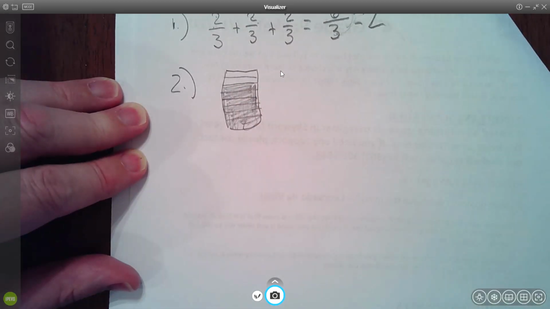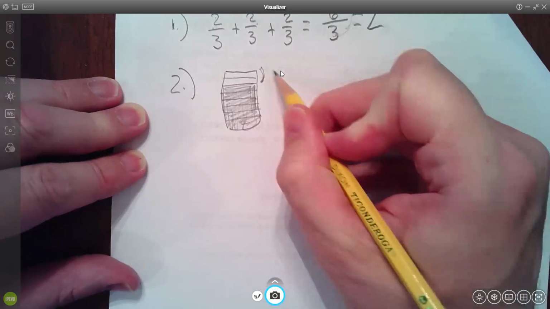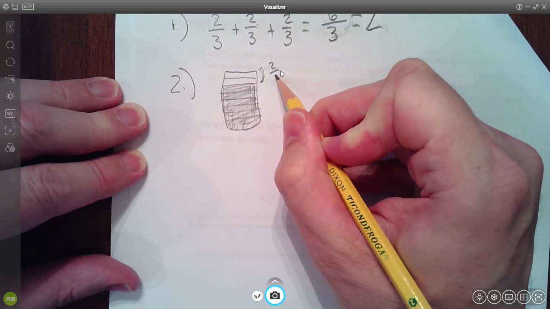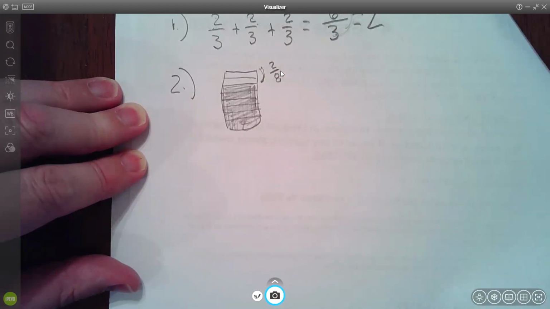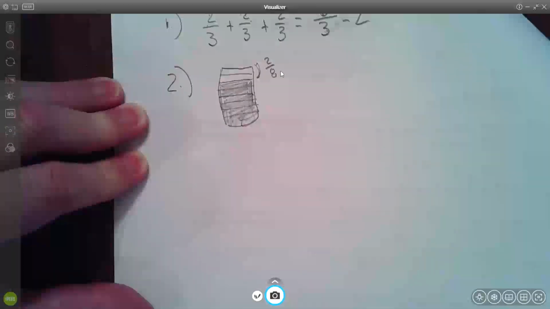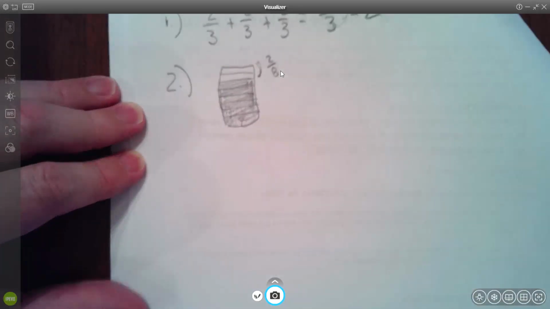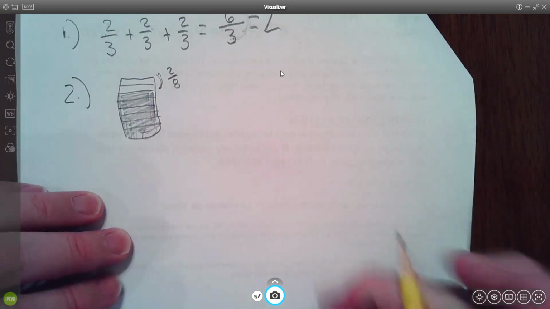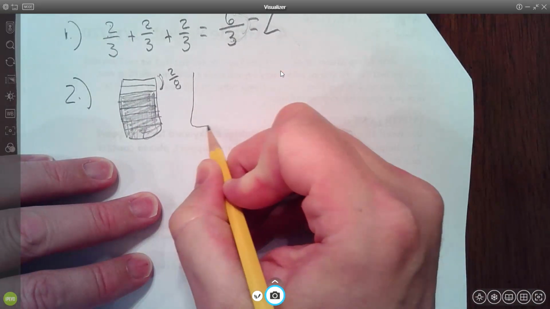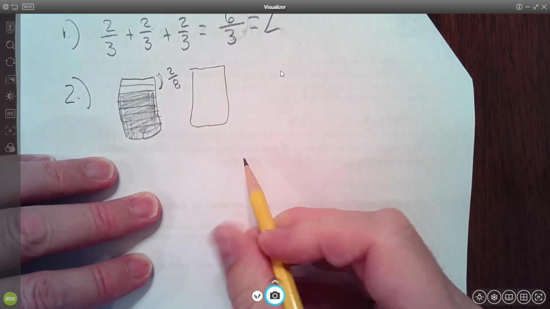So every time he buys one, he has 2/8s left over. Double checking my work here. Yeah, he's got 2/8s that he needs more of, right? So if he buys another bag of birdseed that's 6/8 full, right?